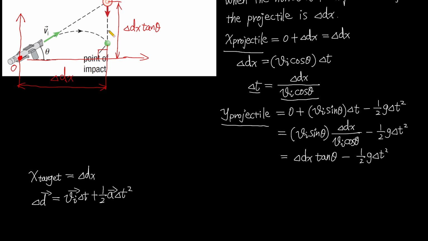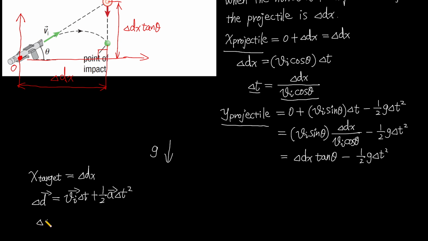Now, for the target, its initial velocity is 0, and its acceleration is the gravitational acceleration g, and the actual direction of g is down. But here, we set the up direction as the positive direction.